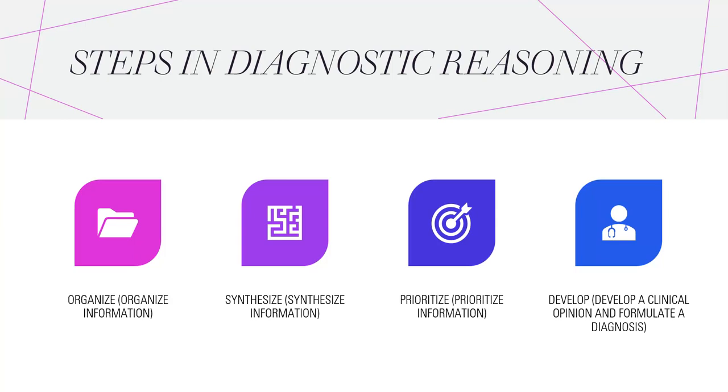Their anxiety is through the roof. Prioritize the information that you received so you understand what you are going to treat first. And then you're going to develop a clinical opinion and formulate your diagnosis. Remember, organize, synthesize, prioritize, and then develop your plan.